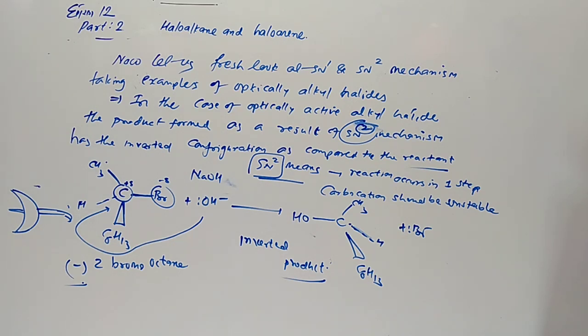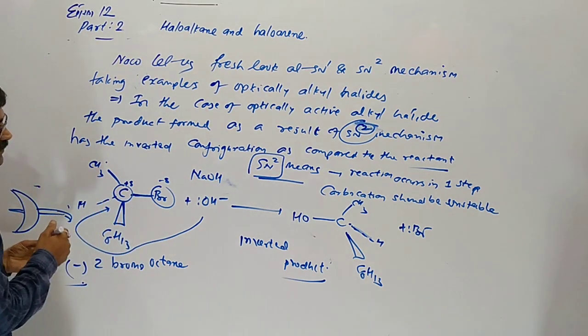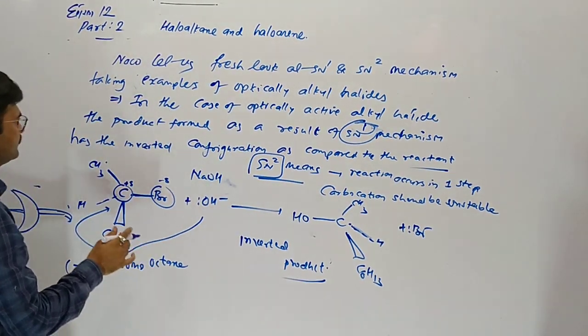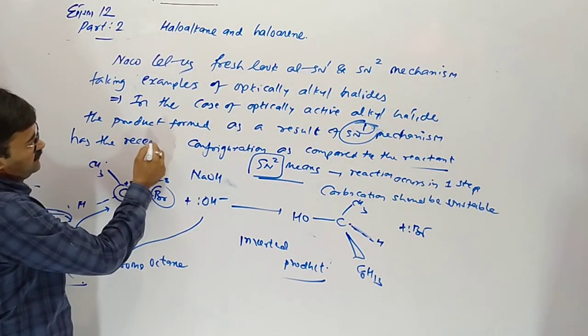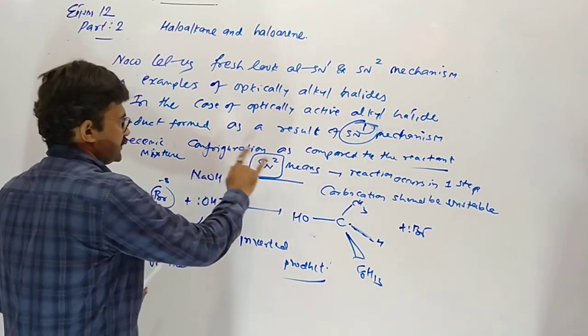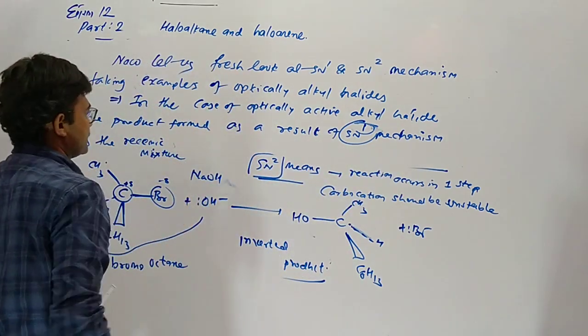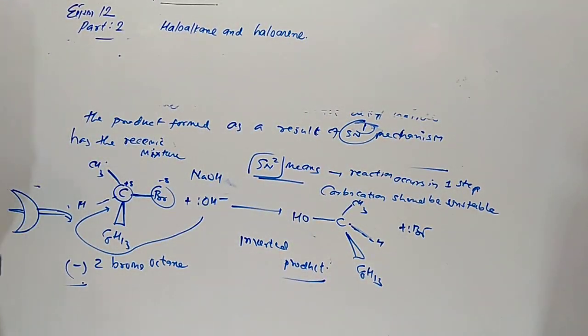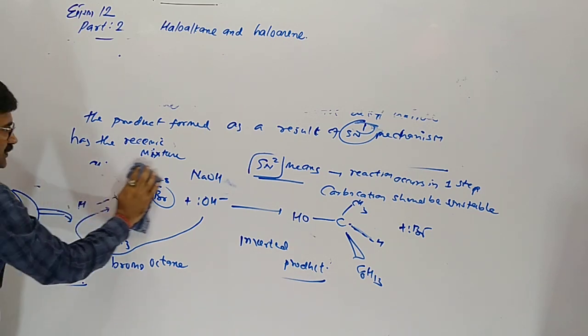Now what about SN1? In the case of optically active alkyl halide, when the SN1 mechanism occurs, the product formed as a result of SN1 is a racemic mixture.